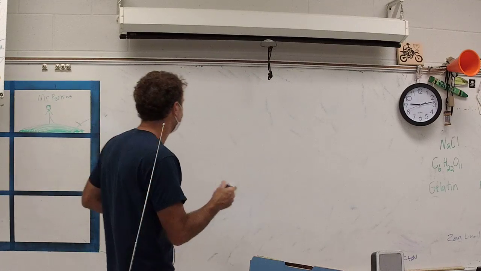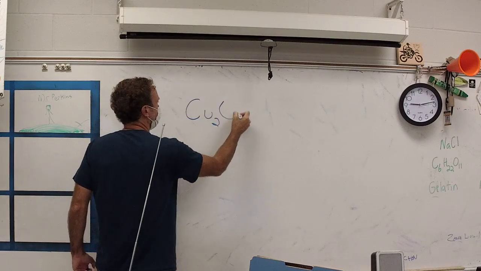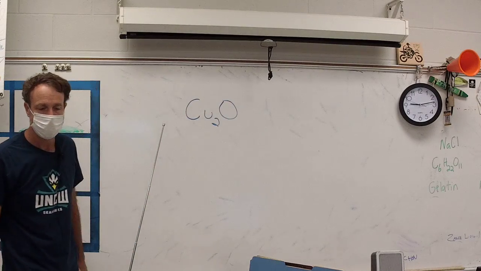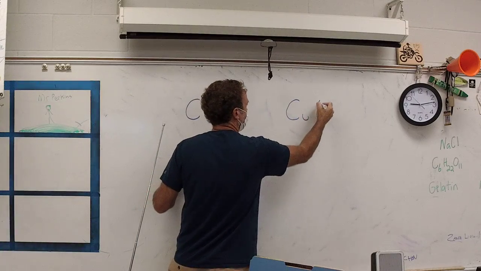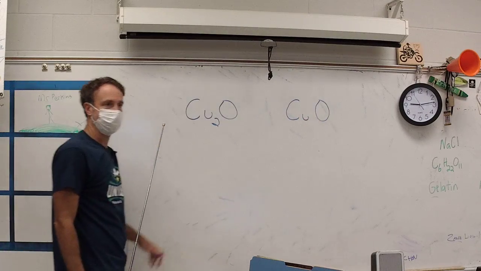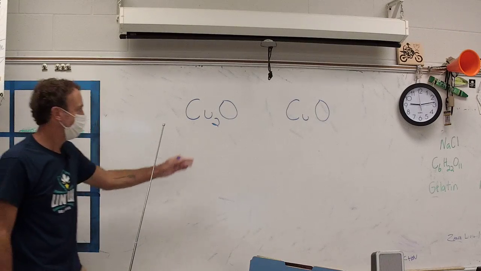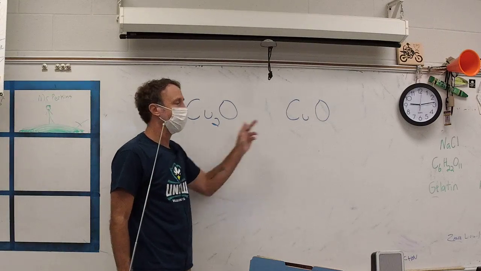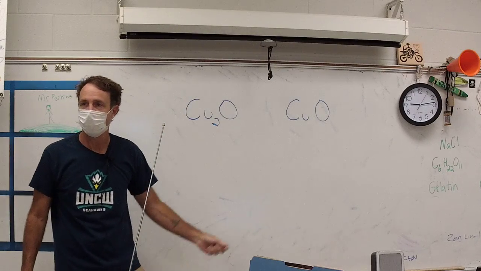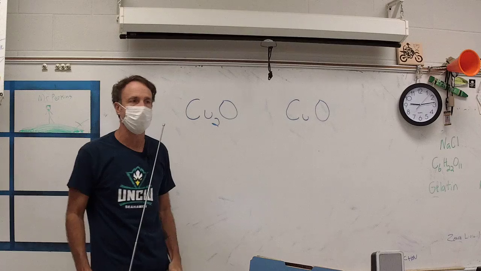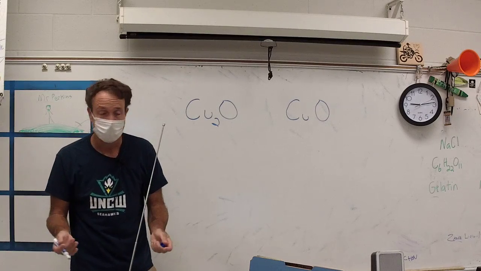Because we have Cu2O powder in a bottle, and we also have CuO in a bottle back there, a powder. They're two different things. They're both copper oxides, but you can't call it copper oxide because there's more versions of it. Does that make sense? You have to be specific.